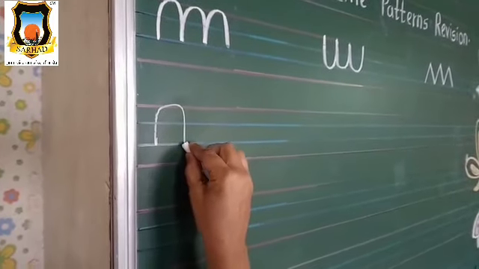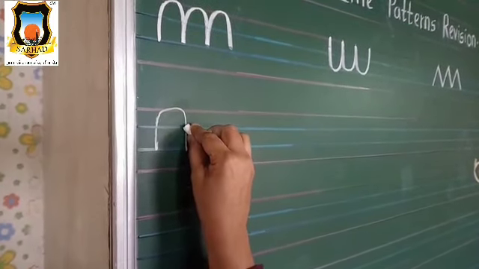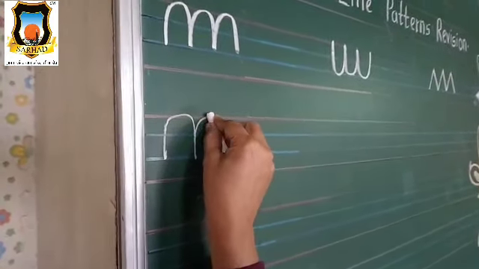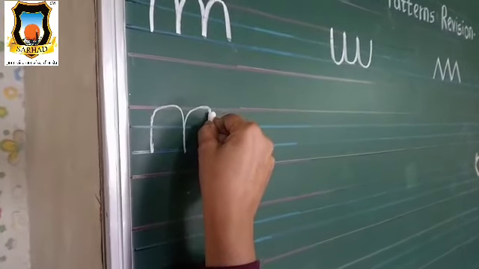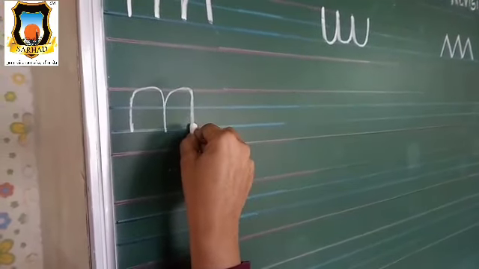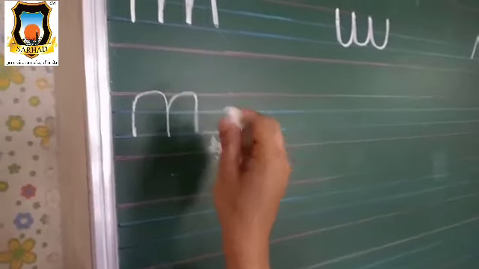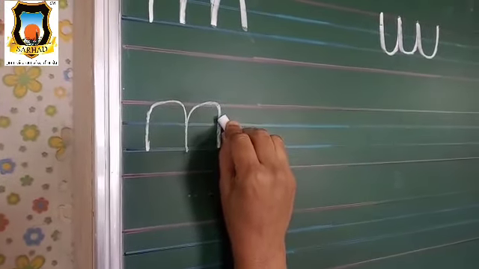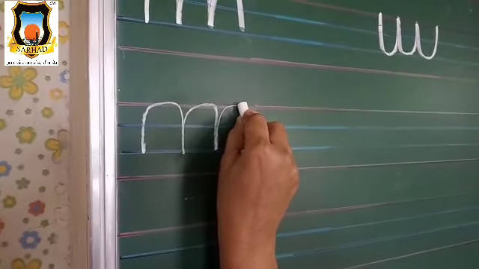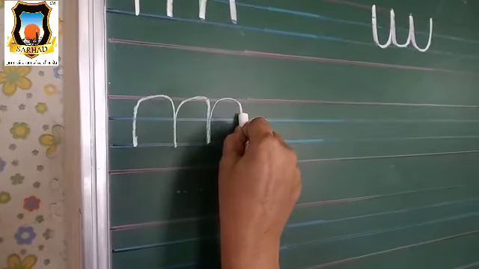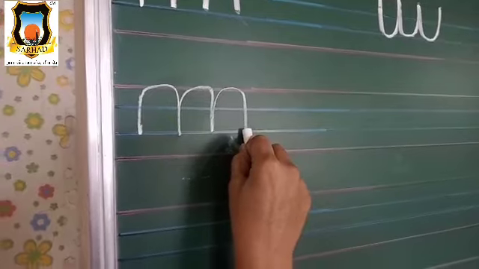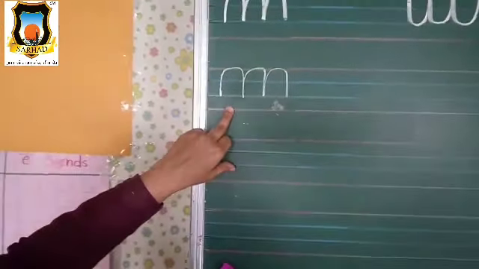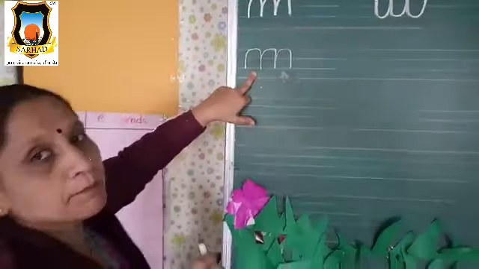Again go on that same line, go up, draw a hump and touch on the second blue line. Draw this standing line straight. Again go on the same line, go up, draw a hump like this and draw a standing line straight and touch on this second blue line. Like this you have to write this Humpty line.